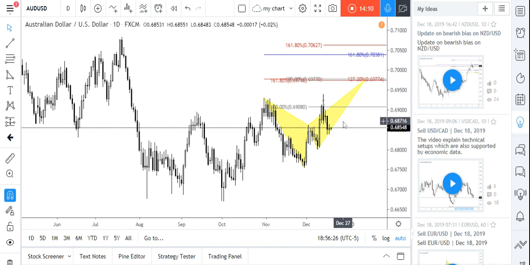AUD USD will maybe try to go up, will struggle, fall. It will be stagnating here. So that's why diversification is a very good idea here: not to take the full risk in AUD USD, and trade half in AUD USD and half in AUD versus the New Zealand dollar. So that's all about this trade. Thank you for watching.